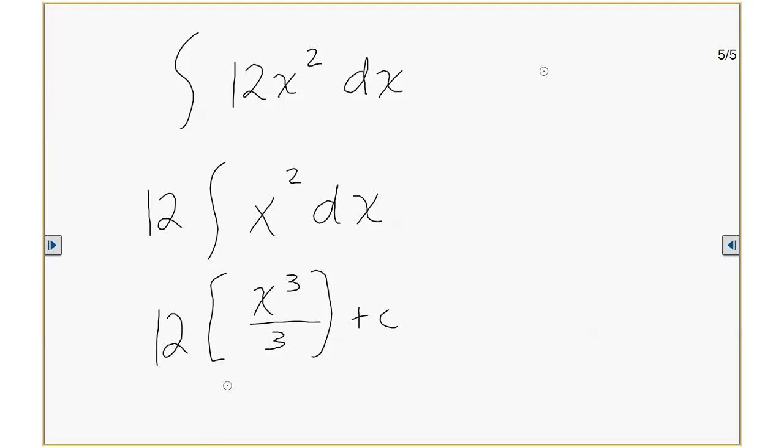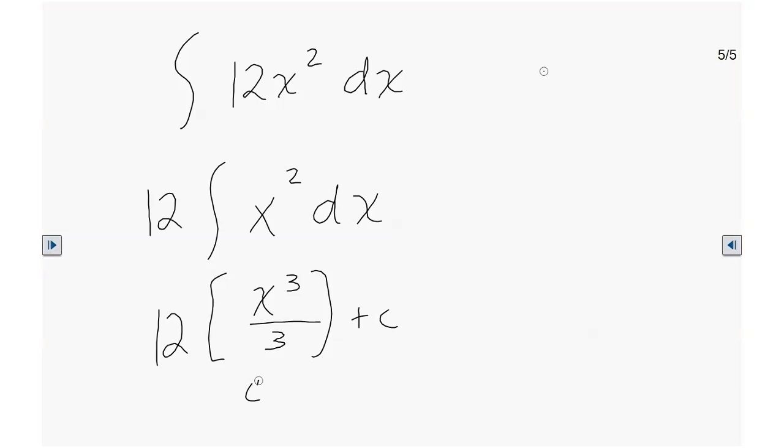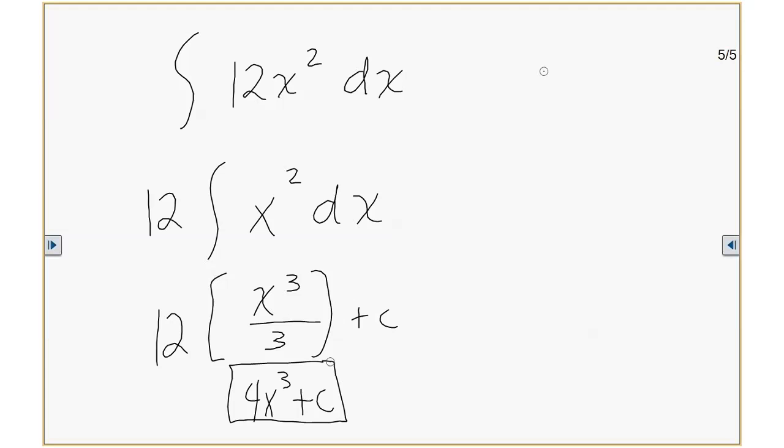And 12 divided by 3. All right, let's try another.